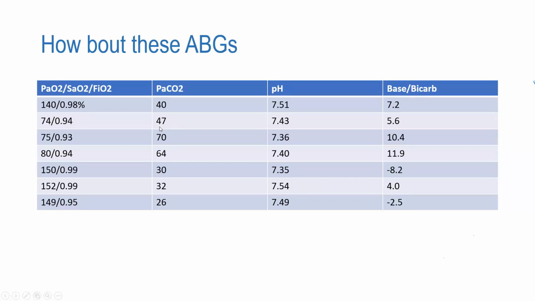PaCO2 is being held in the blood to try to bring the pH back down, because my base is 5.6, my bicarb is 30, base and bicarb up, metabolic acid down. This is chronic metabolic alkalosis. The word chronic means compensated.